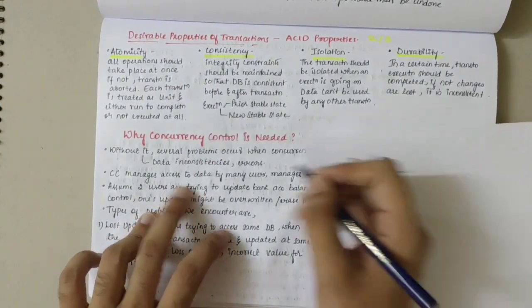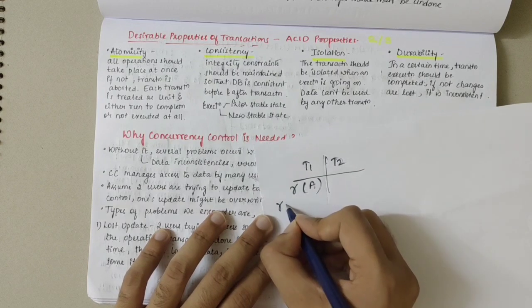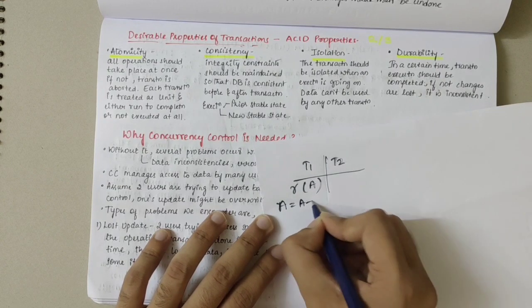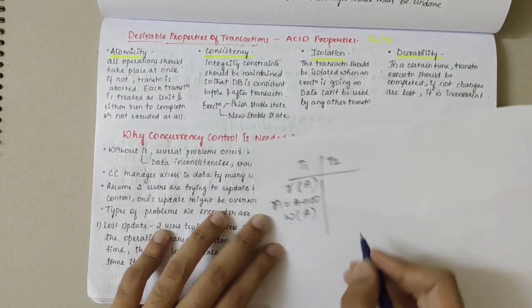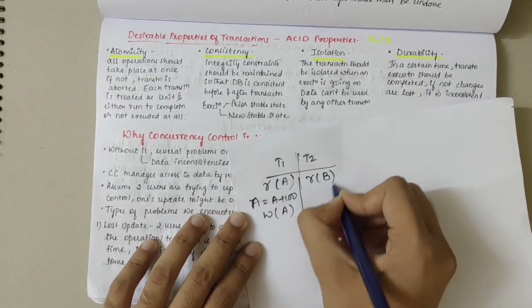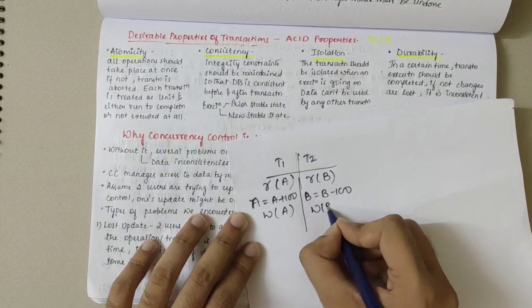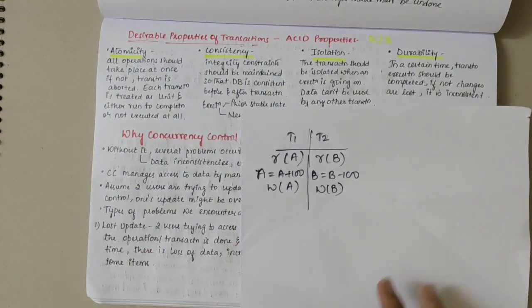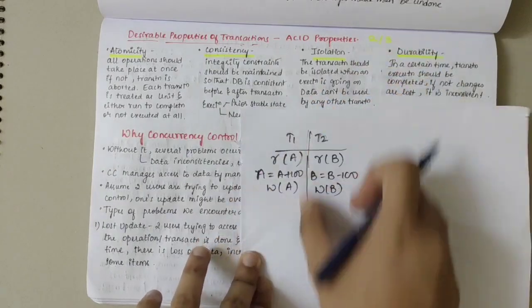First we read A, then perform an operation, A equals A plus 100, and write A. Similarly, read B, B equals B minus 100, write B. In a single system, these transactions happen one after the other.